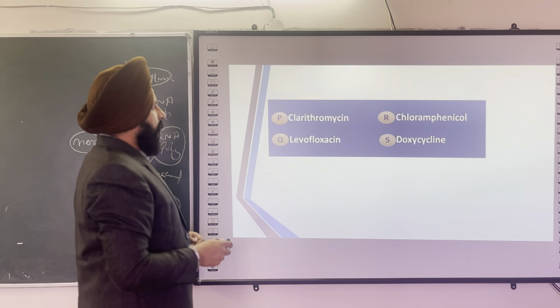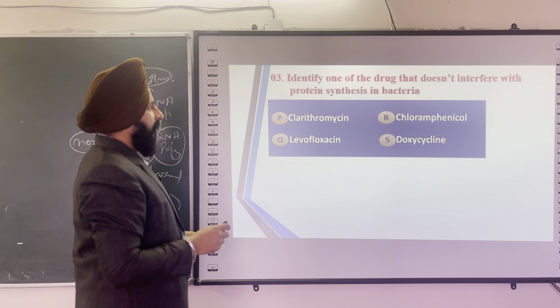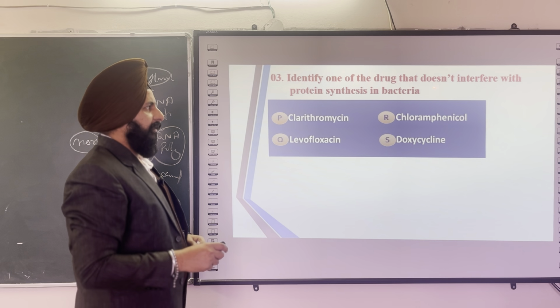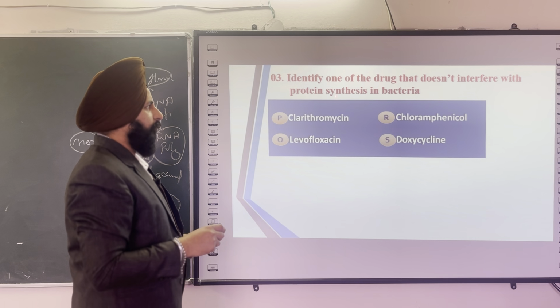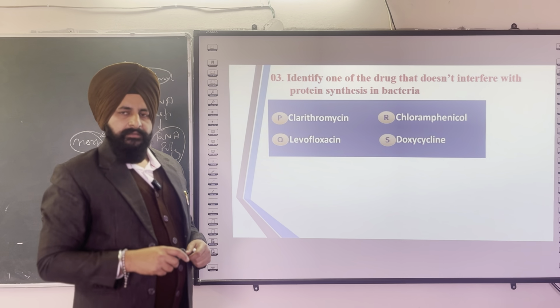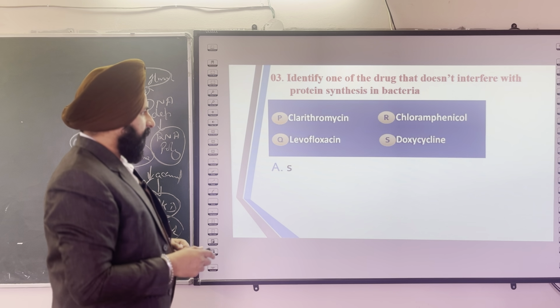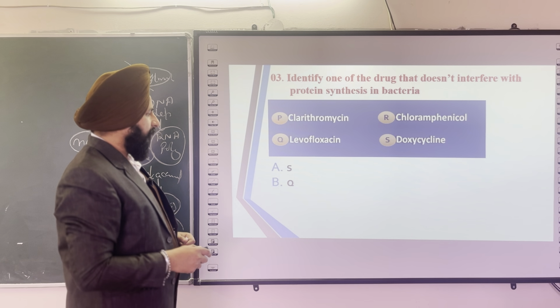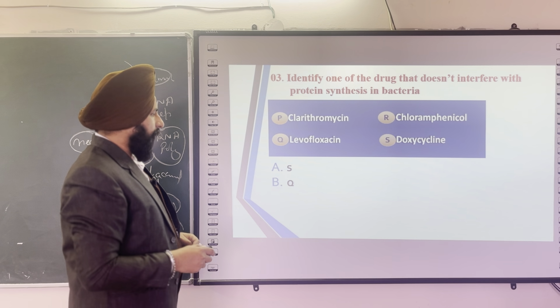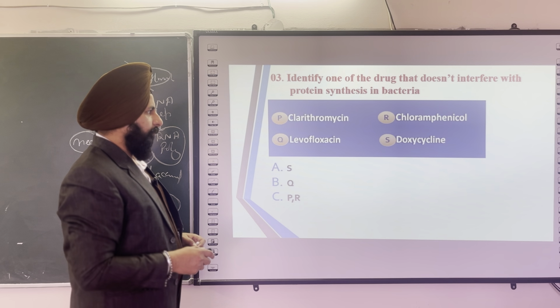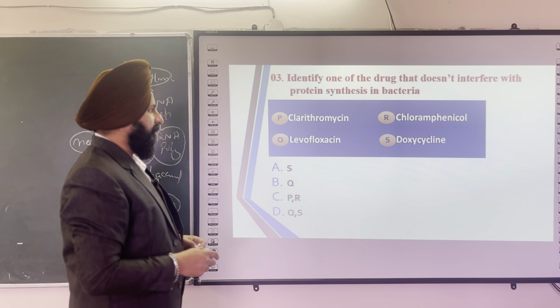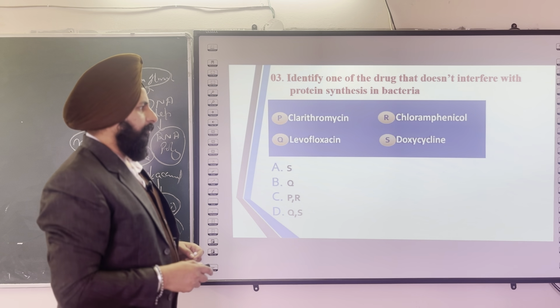The third question for this GPAT series is: identify the drug that does not interfere with protein synthesis in bacteria. The options are: P, doxycycline; Q, levofloxacin; R, clarithromycin; chloramphenicol; and S, both levofloxacin and doxycycline.